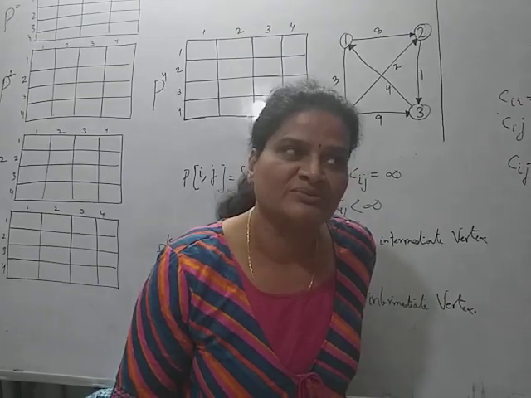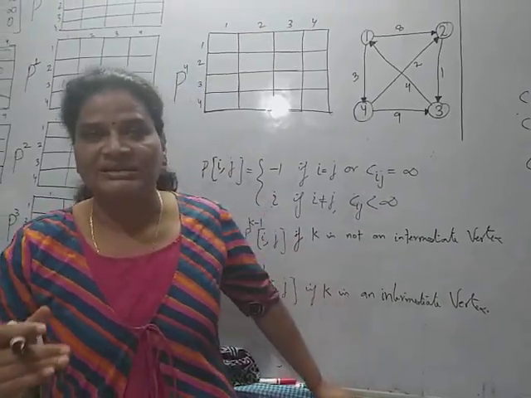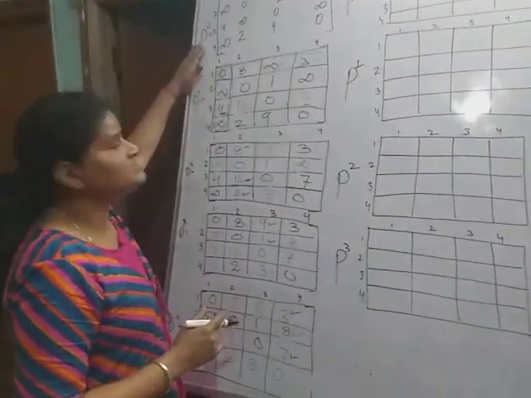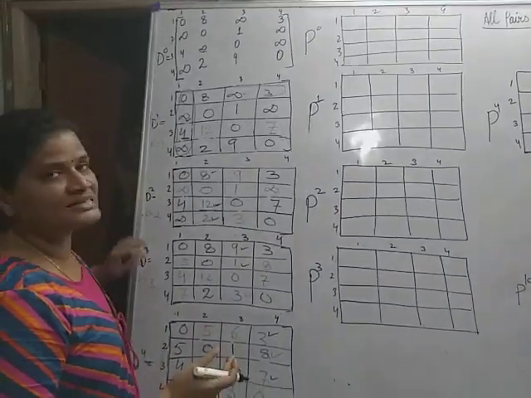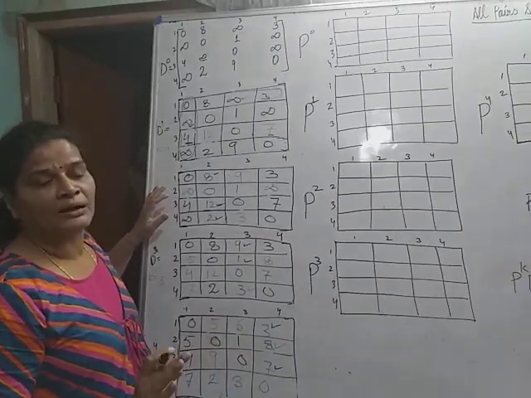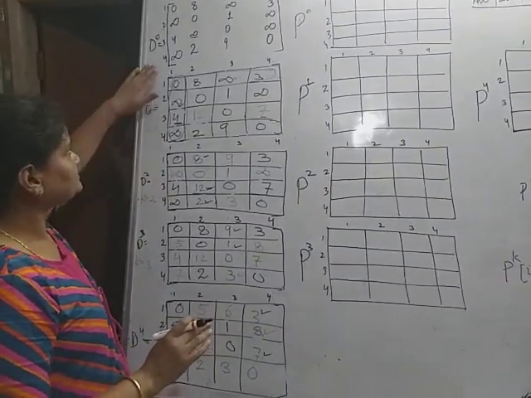So in Floyd-Warshall, we generate the distance matrices. How to generate these entries, I have described already in the previous video.